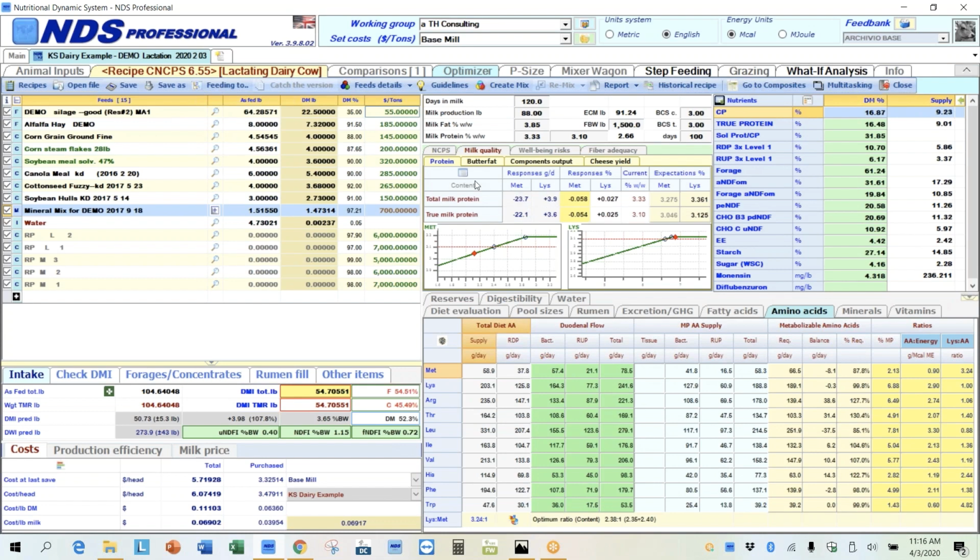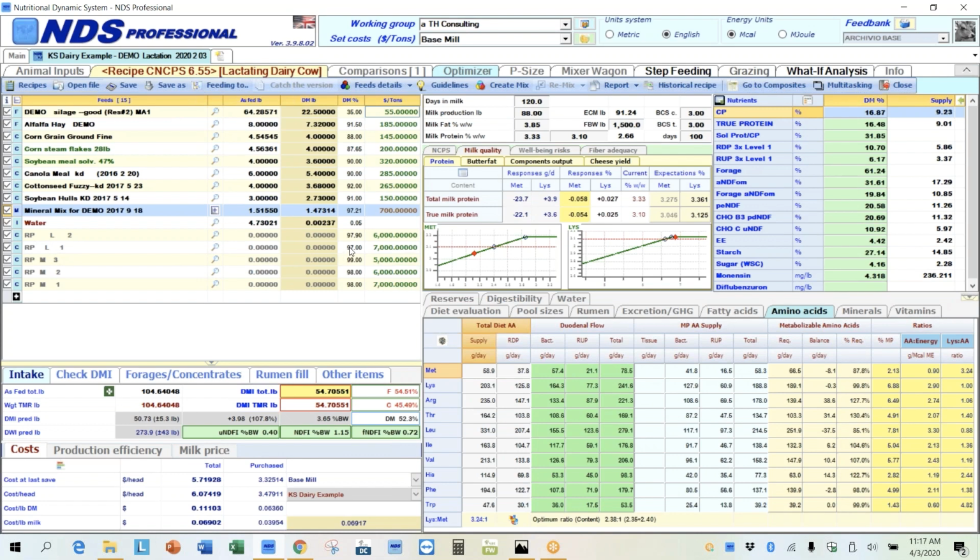And what I'd like to do is use this little function here when I add products that are bypass methionine and bypass lysine sources. I just made these very generic and called them rumen protected methionine 1, methionine 2, methionine 3, rumen protected lysine 1, lysine 2.